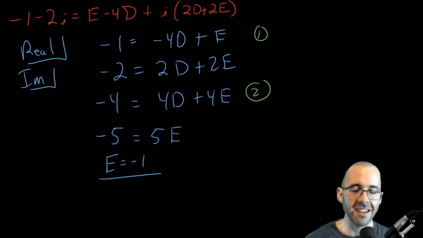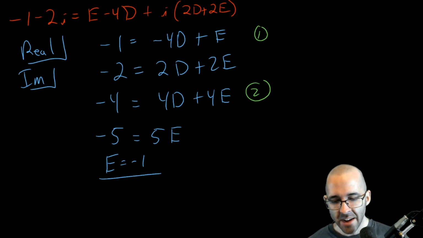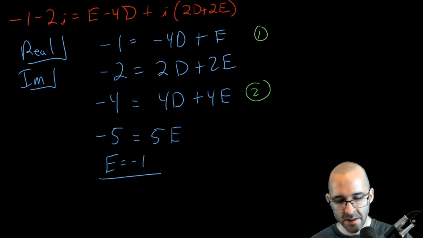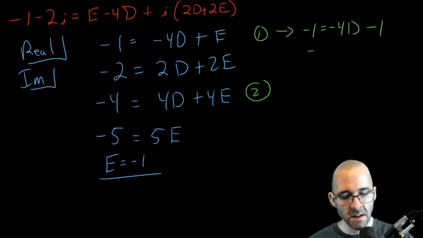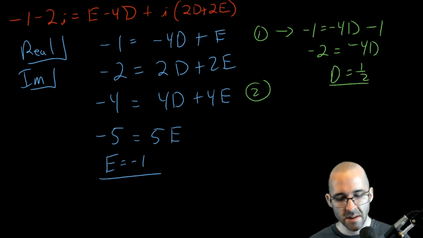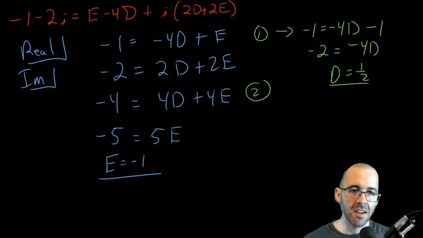That's super nice. Okay. And then we can use that to solve for d. If e is negative 1, we get negative 1 equals negative 4d plus e. Negative 2 is negative 4 times d. d is a half. So we know A, we know e, we know d.